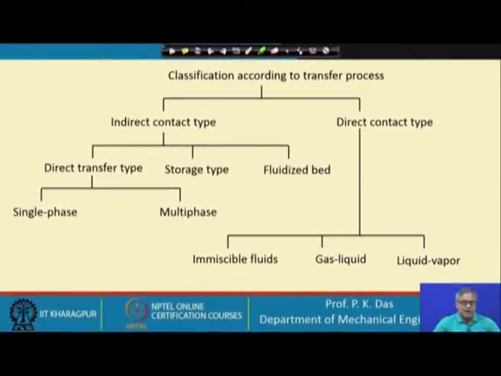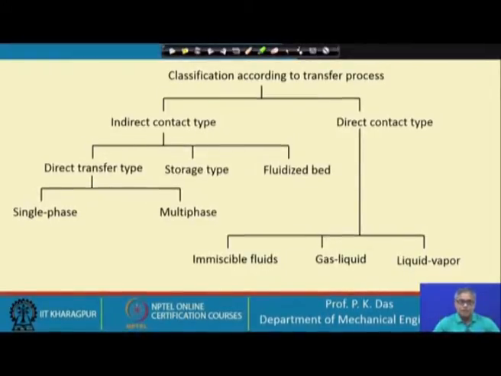Direct transfer type could again be single phase, and it could operate in multi-phase. Then there could be storage type and there could be fluidized bed. In all these cases, the two fluid streams are not contacting each other, whereas in direct contact type there will be immediate mixing between the two fluid streams, and that is why there is a limitation on what kind of fluid streams can be used.